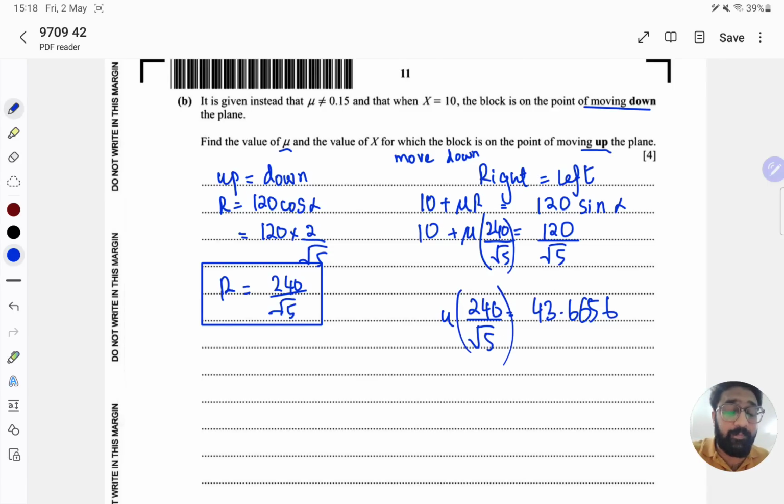So this divided by 240 over square root of 5 is going to give the value of mu as 0.406. So let's write down 0.407.